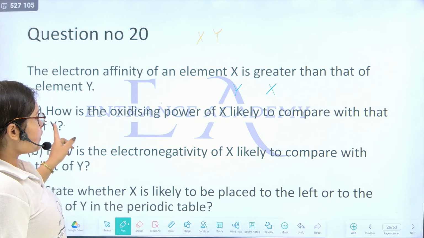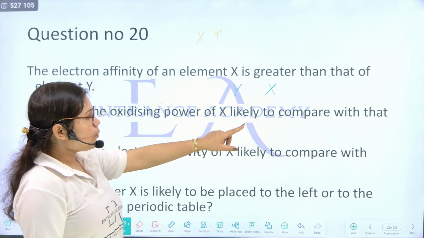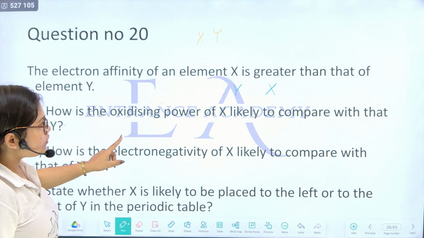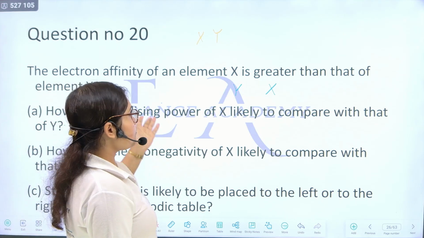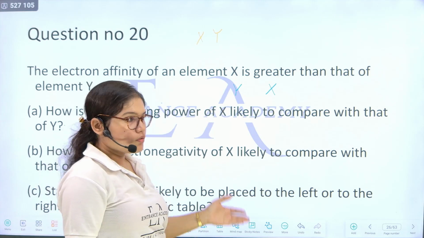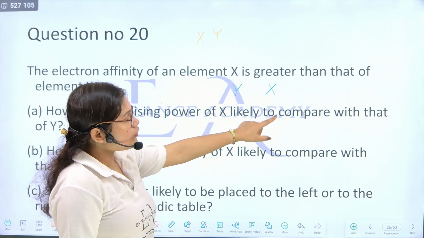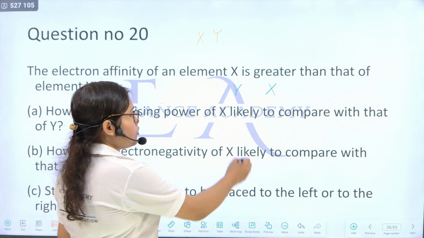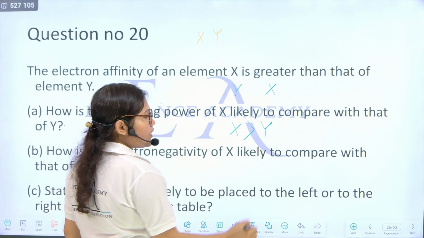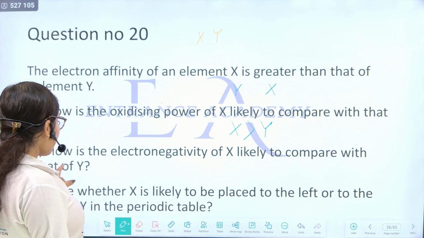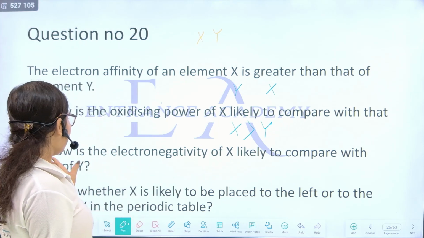First question: how is the oxidizing power of X likely to compare with that of Y? When the electron affinity of an element is more, its oxidizing power is more. So the answer is X greater than Y. Second question: how is the electronegativity of X likely to compare with that of Y?